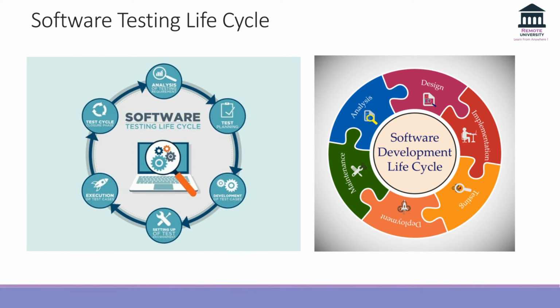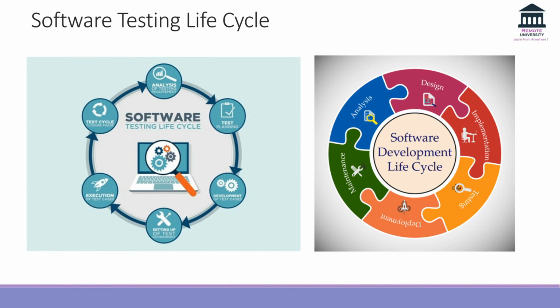Similar to a software development life cycle, where you looked at what happens in the beginning of the project or application development and what happens at the end, in the same way, within the testing phase, we have a software testing life cycle, which is followed by any application that we develop which requires testing.